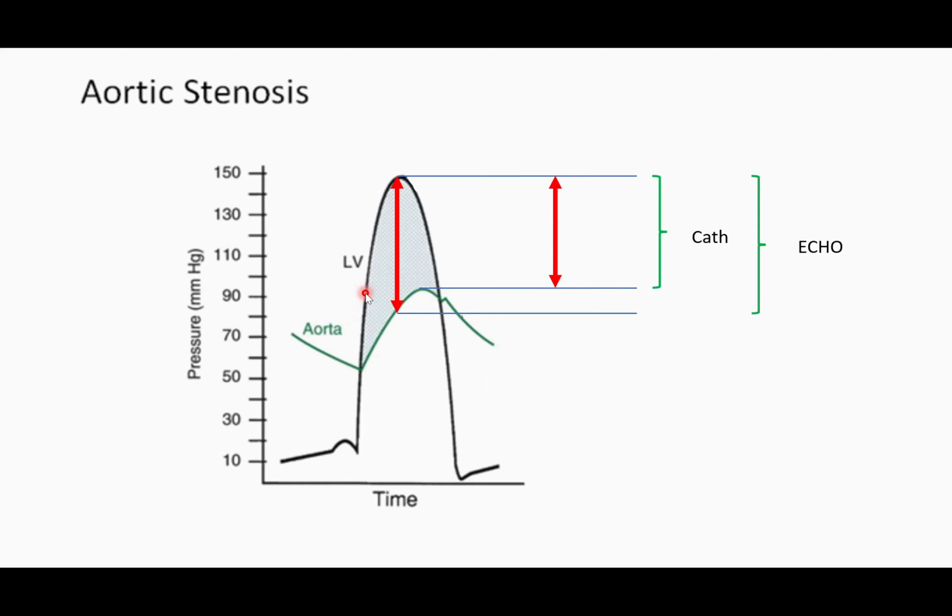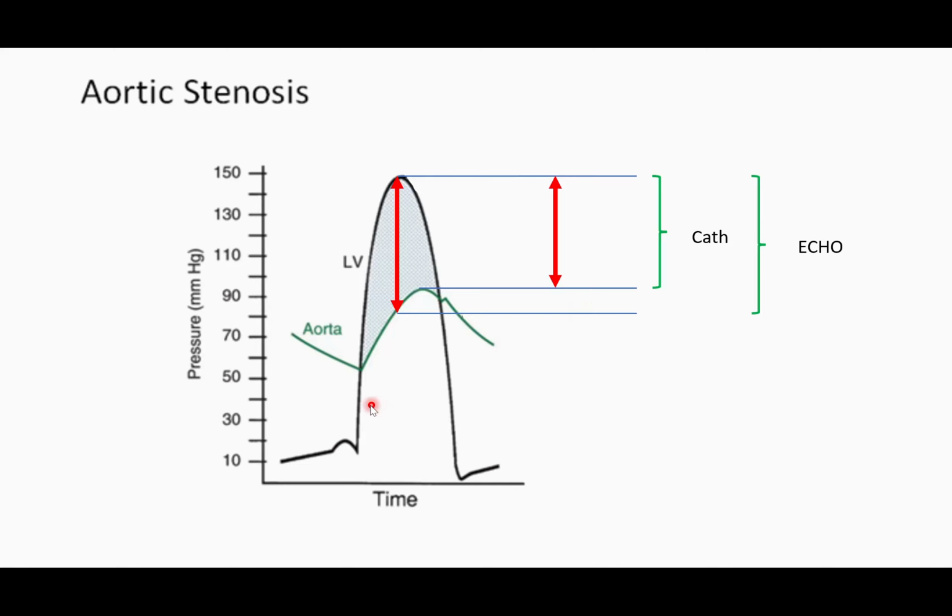To explain this more, by looking at this graph, this is the pressure wave of the ventricle. It rises to the systolic pressure and then falls to almost zero. And this is the aortic waveform. It rises with the systole, and then because of the closure of the aortic valve, it doesn't drop to zero.